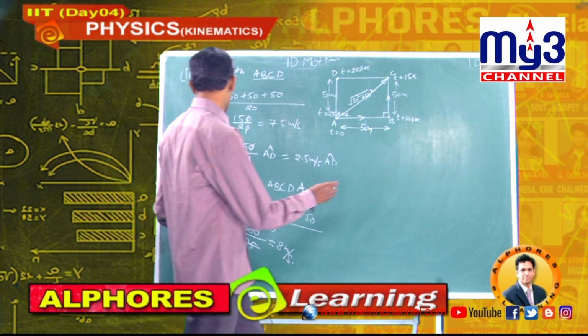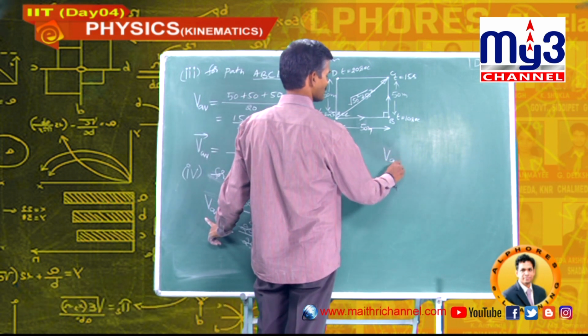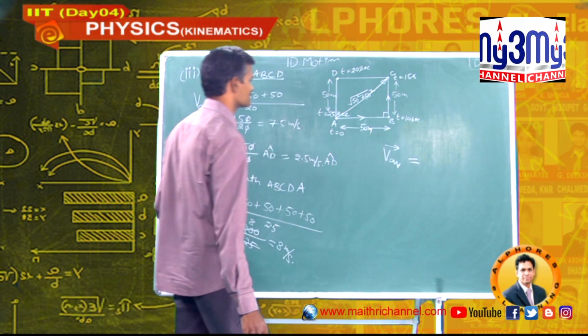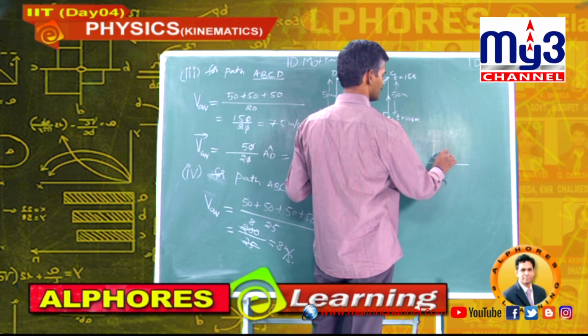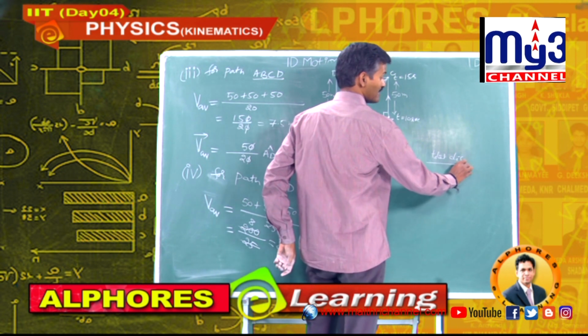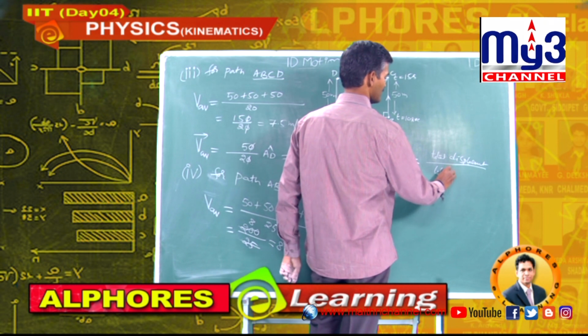What is the average velocity in this case? Average velocity is total displacement by total time taken.